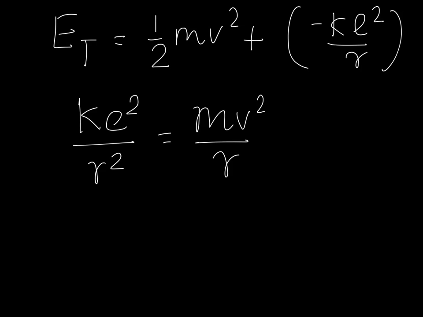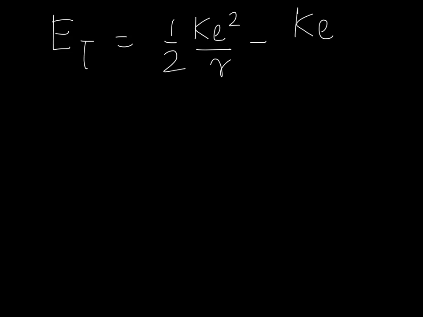So we will get the total energy. From here we get ke squared over r is actually mv squared. Now we are going to rearrange a bit.